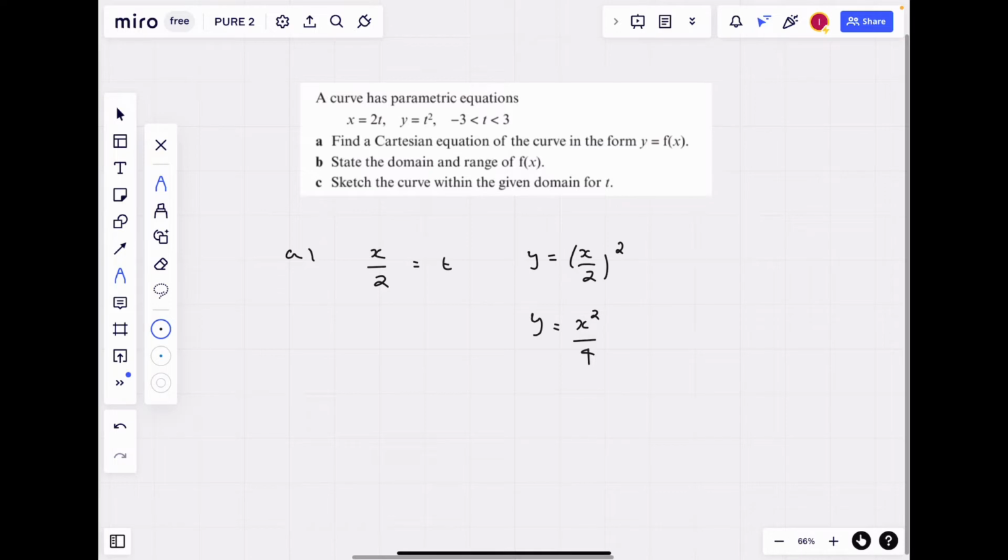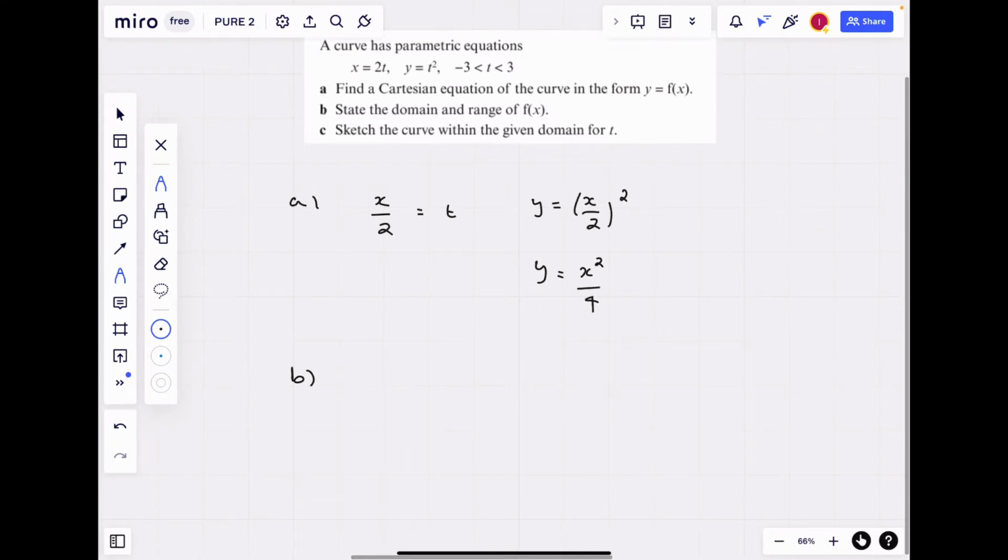That's it. State the domain and range of f(x). The domain of f(x) is the range of the x parametric. The way we work out the range of the x parametric is by substituting in -3 and 3, like this.